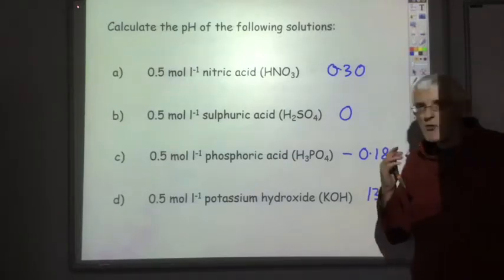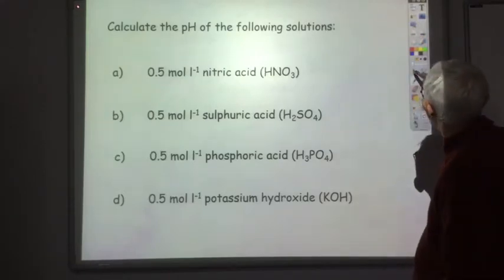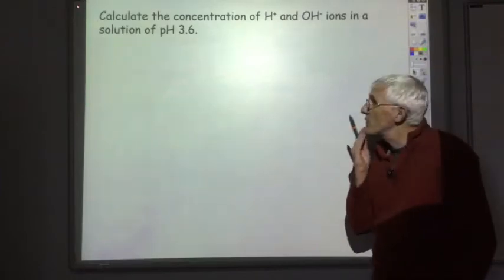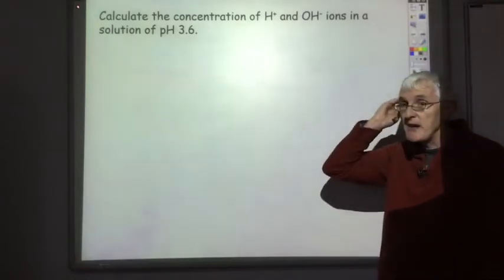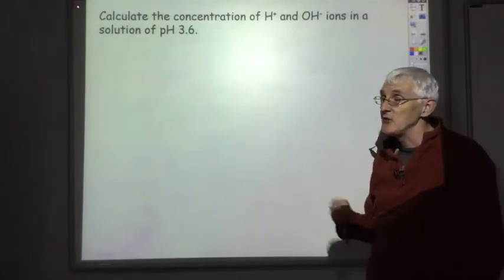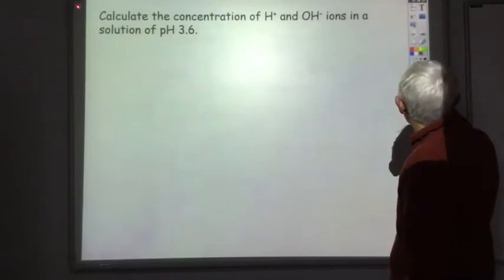Right, there's probably just one other type of question that you could get asked. So in this question, you're told your solution has got a pH of 3.6, and it asks you to work out both the hydrogen and hydroxide ion concentration.